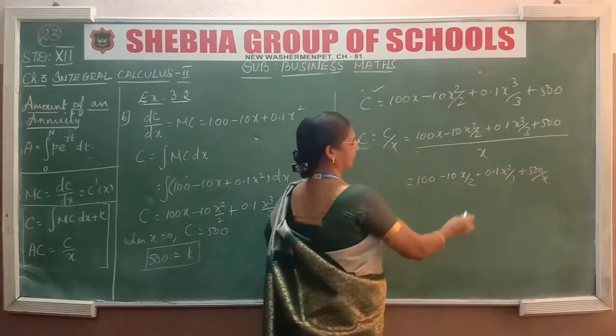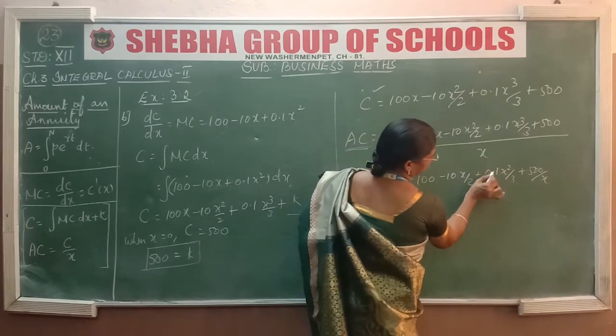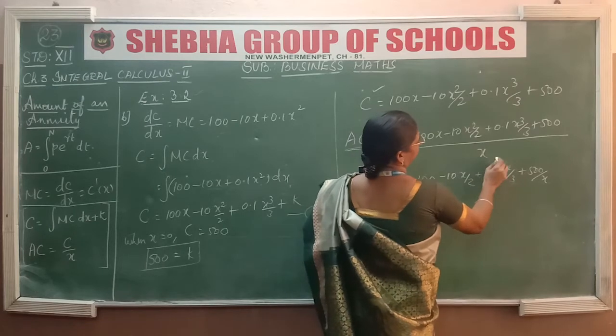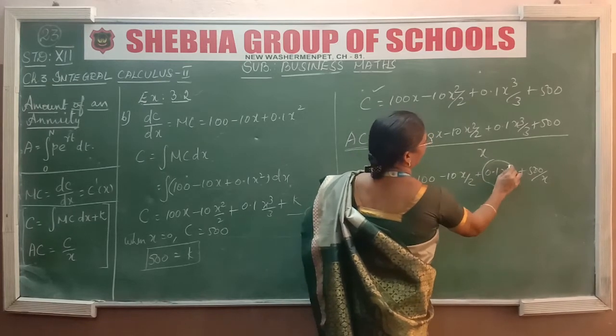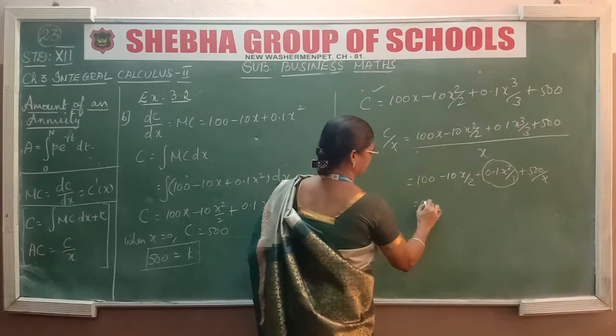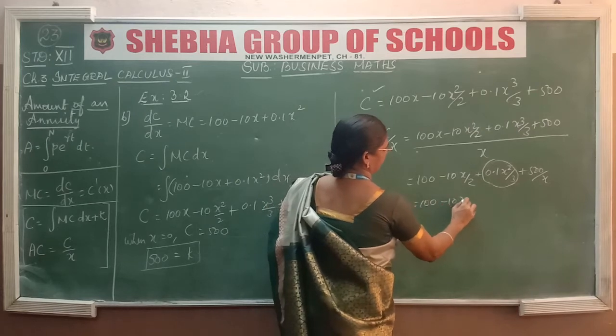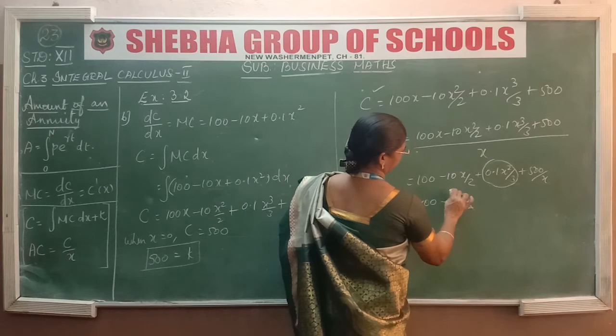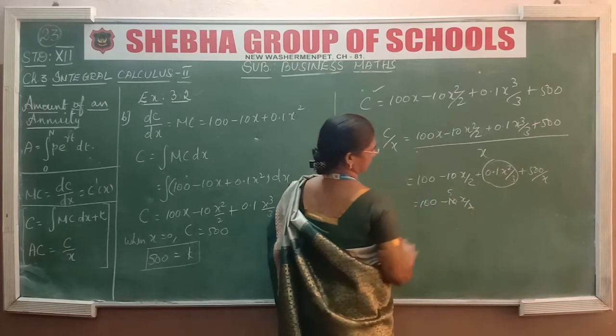Now we have to multiply by 10 in the term only, because we need the whole number in the numerator. So 10x by 2, cancelling by 2 table, we get 5x, isn't it?